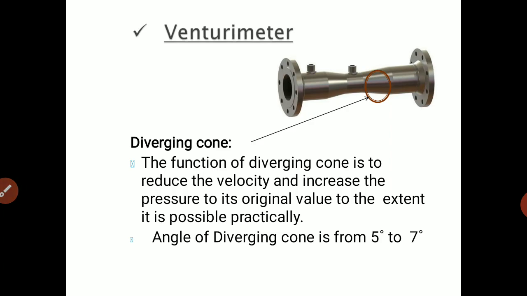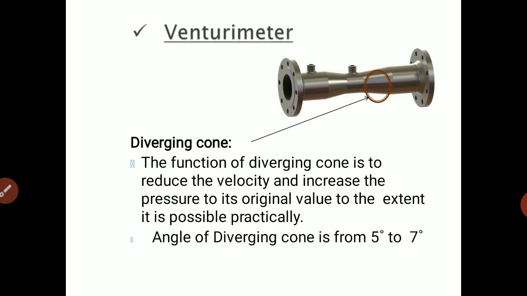Cavitation is the damage to the pipe or venturimeter because of high pressure intensity. To avoid it, the divergent cone has a very small angle and a greater length.